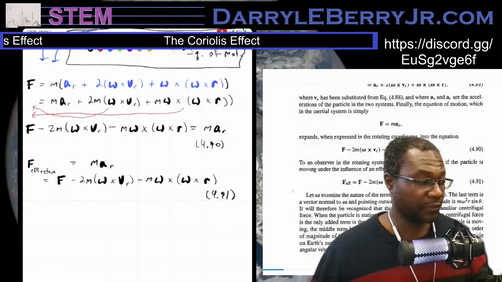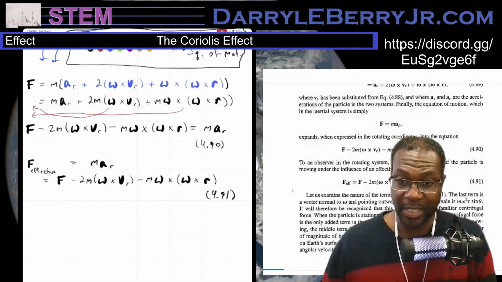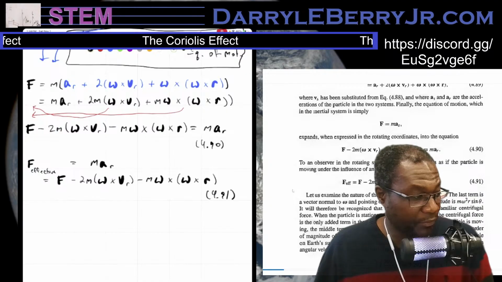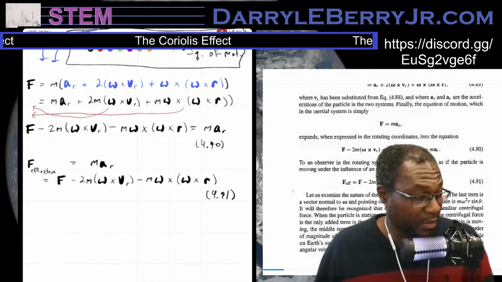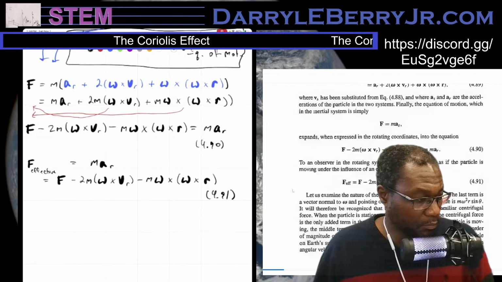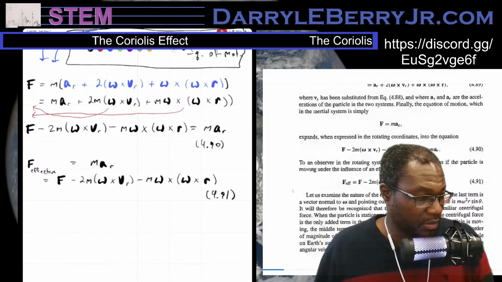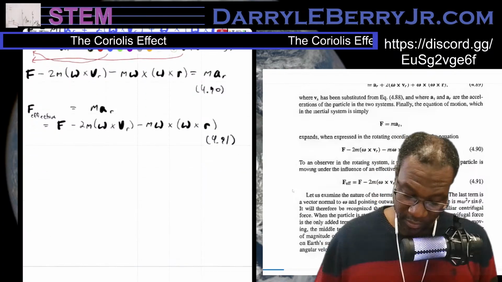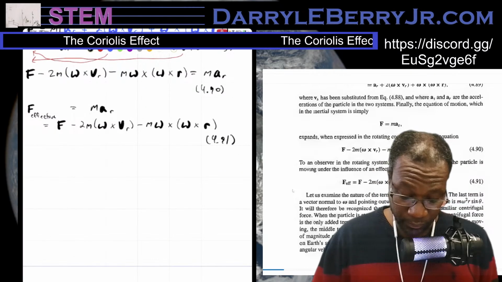Let us examine the nature of the terms appearing in equation 4.91. The last term is a vector normal to omega and pointing outward. Okay. Formula of its magnitude is m omega squared r sine theta. So let's look at this last term.